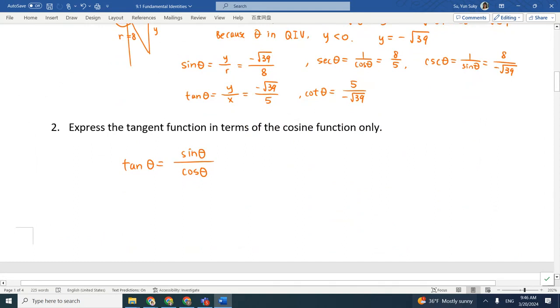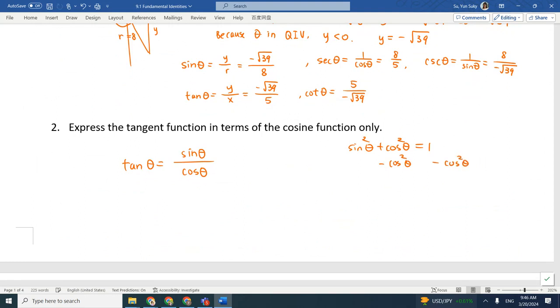Okay, we know that sine square plus cosine square is 1. Right, everybody? This formula has the sine and cosine. We want to solve for sine in terms of cosine. How do you solve for sine? Yeah, subtract cosine square. We get sine square is 1 minus cosine square. Right, everybody? What do you do next?